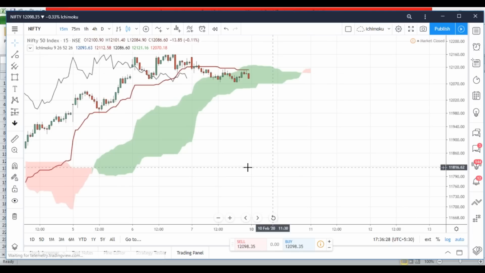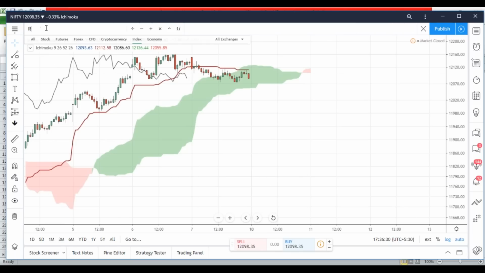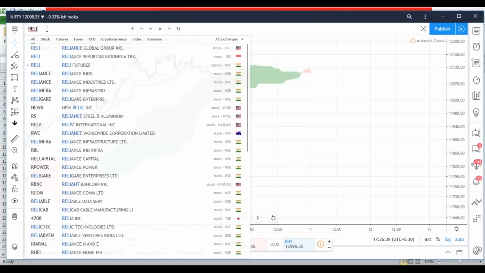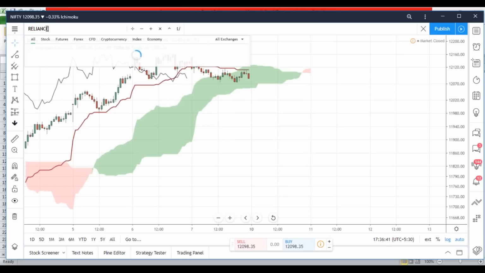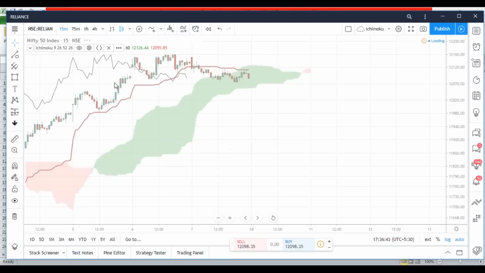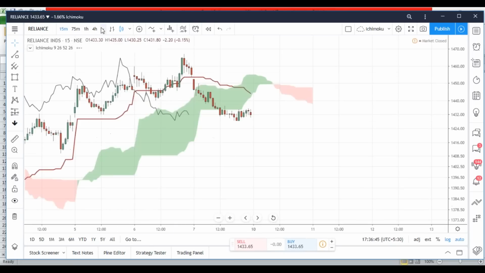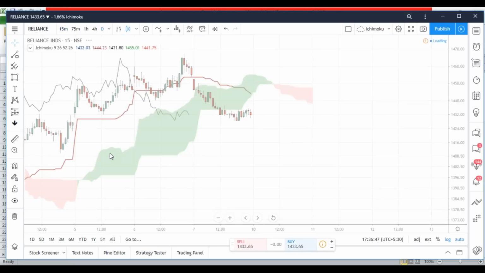Okay, Reliance pullback failed. Let's check the Reliance chart. But as I said, we will be using only two pullbacks. We will not use all the pullbacks. First and second pullback only we will be using. Let me go to the daily chart.